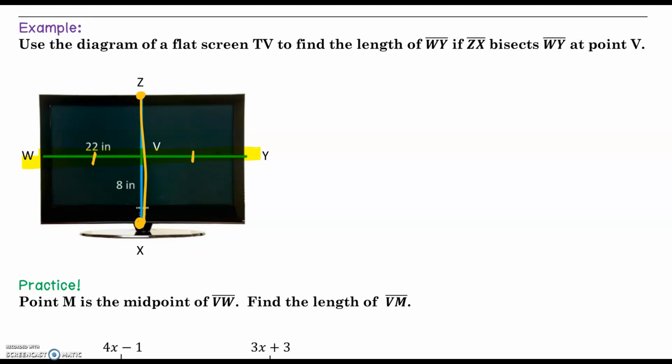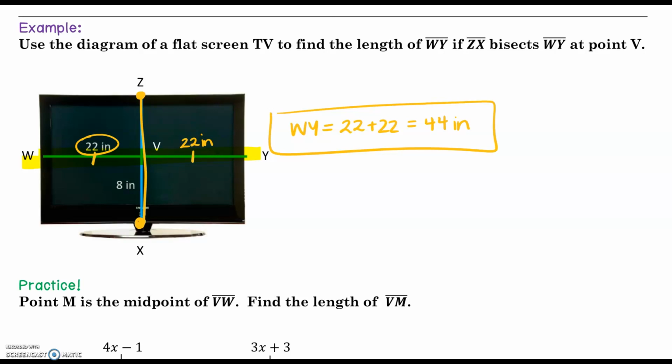We know that segment WV is 22 units. That means segment VY must also be 22 inches. So the entire segment is equal to 22 plus 22, or 22 times 2, which is 44 inches. So the length of WY is 44 inches.